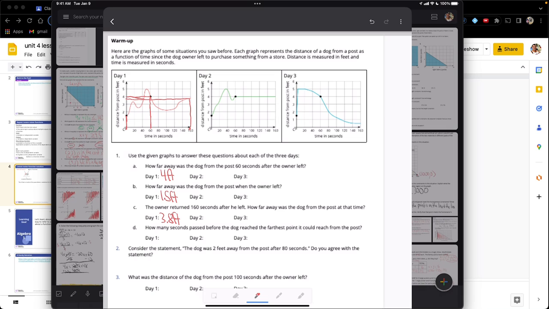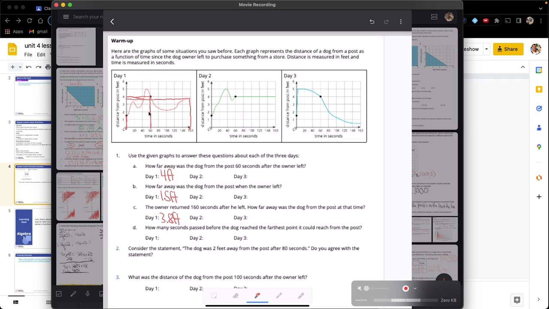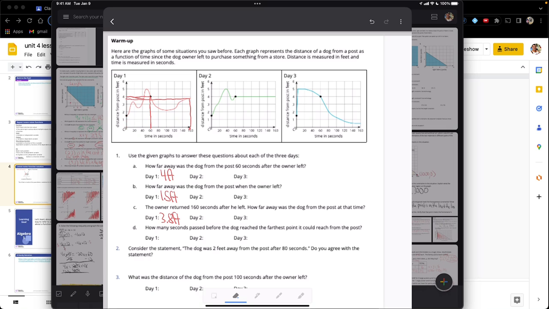How many seconds passed before the dog reached the farthest point it could reach from the post? So the farthest point it could reach, remember the leash was 5 feet long. So the farthest it could be is 5 feet from the post. So when was it 5 feet from the post? It was at this point right here.